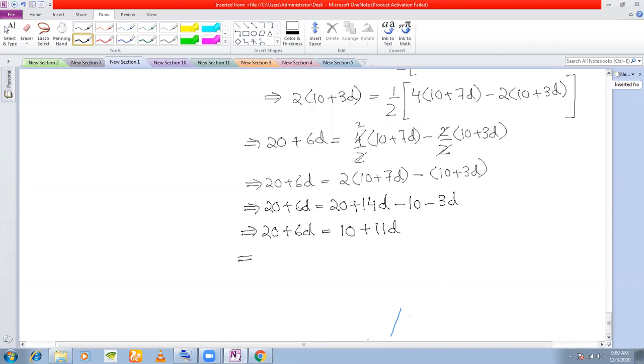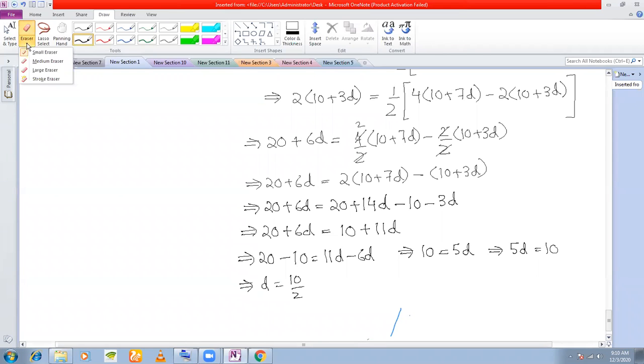Okay, so this becomes 20 minus 10 is equal to 11D minus 60. That means 10 is equal to 5D. That means 5D is equal to 10. That means D is equal to 2. So the common difference is 2.